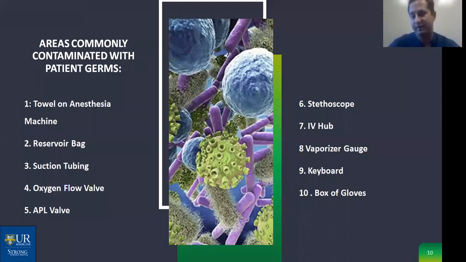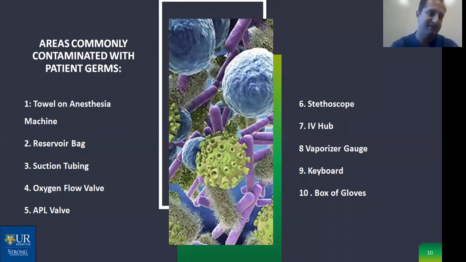So that was not surprising. The IV hub, because it makes sense again because we're ventilating the patient, putting medications in, putting that back, and then ventilating the patient again. The vaporizer gauge, because who doesn't turn on some high flow and then turn it down with pediatrics. The keyboard, which we all thought of, and the scariest one for me was the box of gloves.